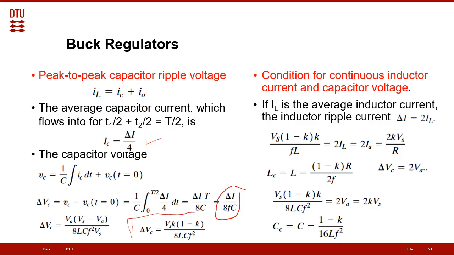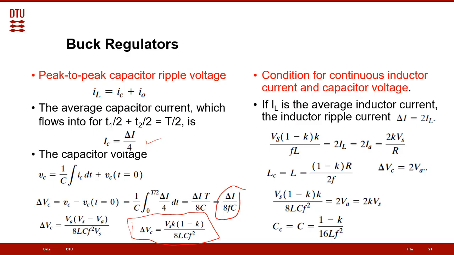From this equation, you can design your converter, I mean find the capacitor that gives you the predetermined voltage ripple. In the equation in the previous slide, you can design the inductor for a given ripple. And here, after you design your inductor, you can design the capacitor that gives you the required ripple.